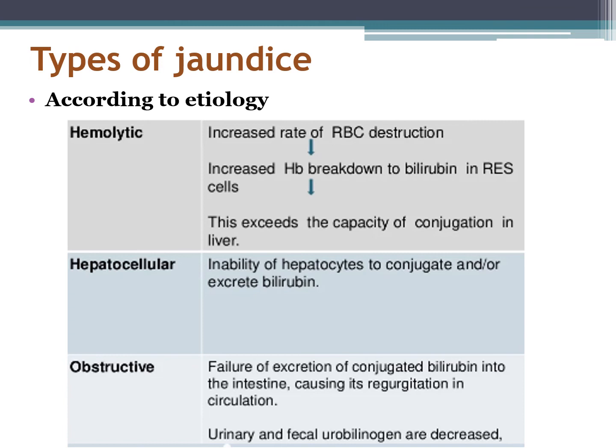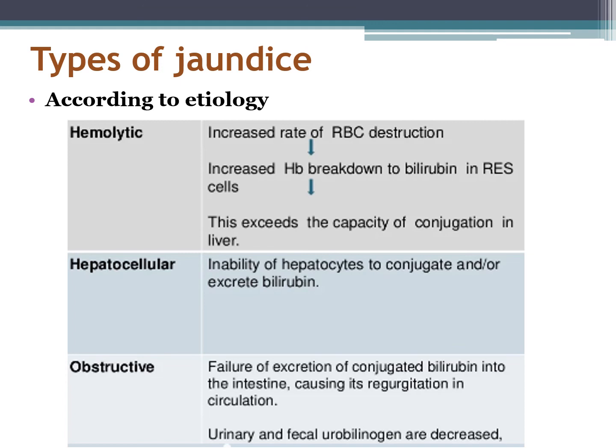In the second type, hepatocellular jaundice, due to some pathology there is destruction of the hepatocytes. Therefore there are not enough cells in the liver to perform the conjugation, and the unconjugated bilirubin is found in the plasma.